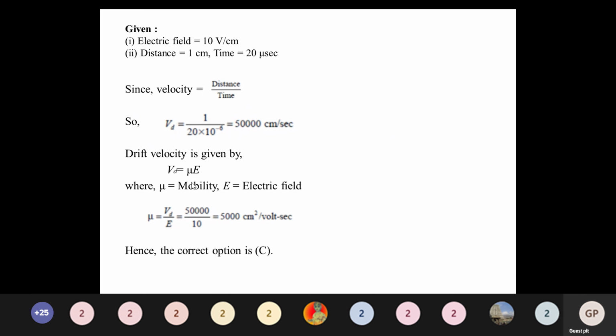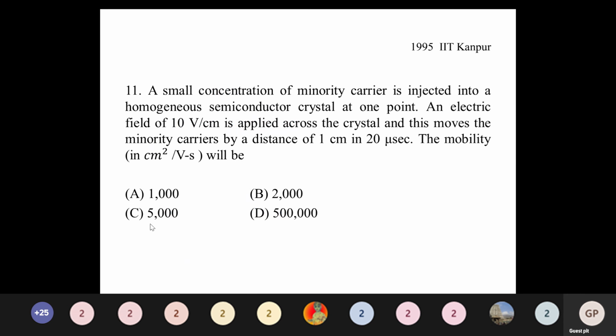Now mu equal to Vd by E. Vd we have just now calculated, and E is given in the problem itself. So the answer is equal to 5,000. So the option is C, 5,000, in terms of centimeter.